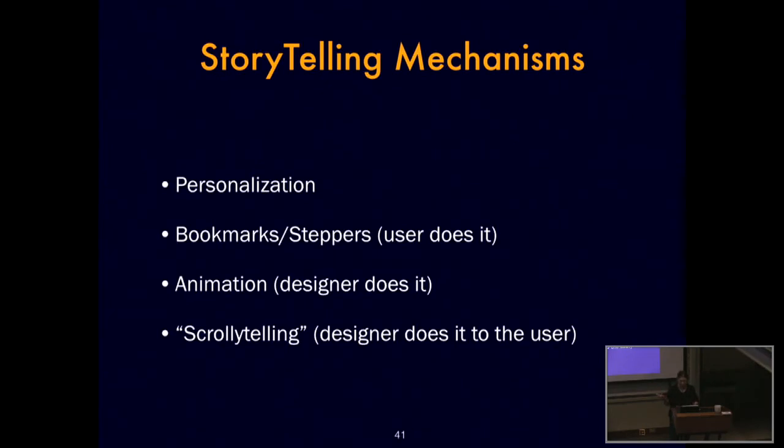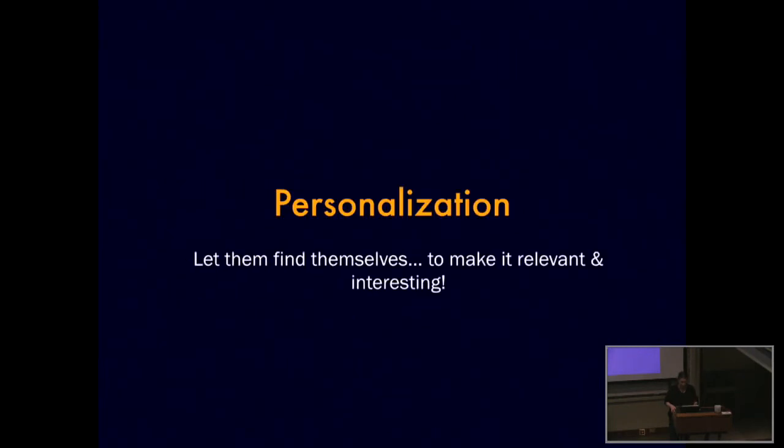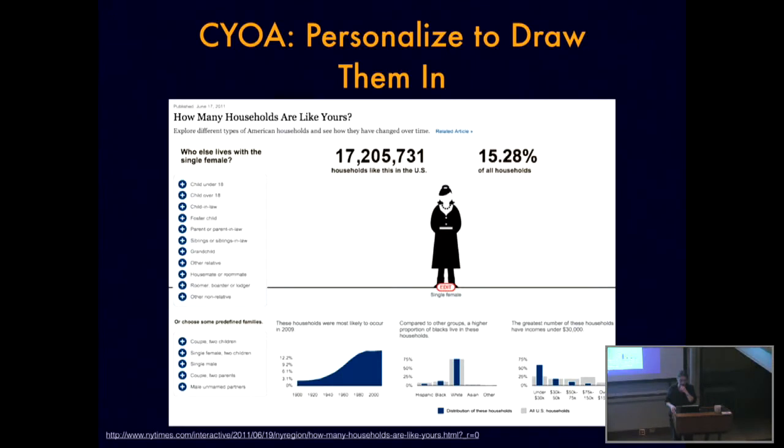These are some mechanisms that can help with designing for storytelling. Personalization, bookmarks and steppers, we've seen a couple already. Animation, we've seen some of that, and scrolly telling, which we've also talked about. But personalization, so this is a common technique that's pretty powerful. I think people have documented that you get more like time on page if you do this kind of approach to a project.